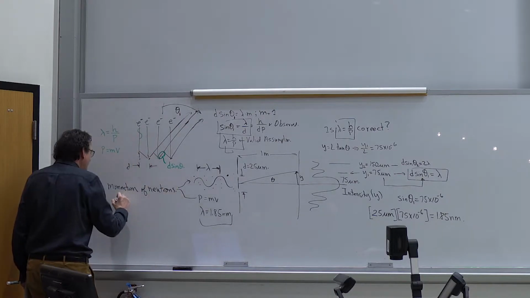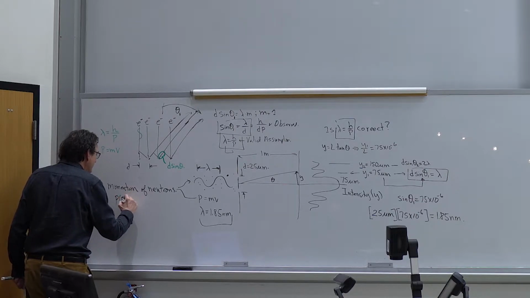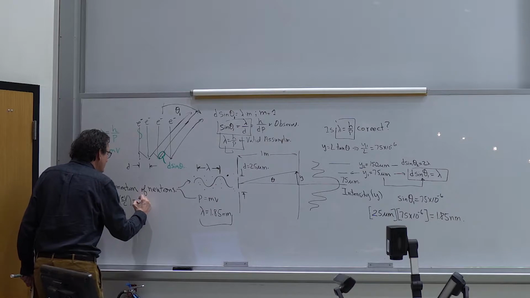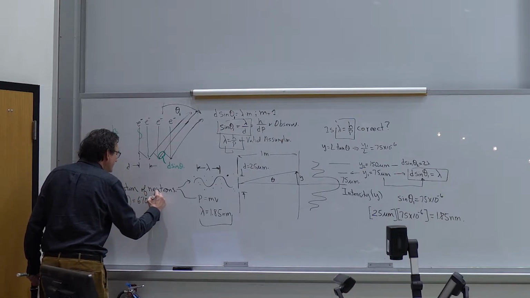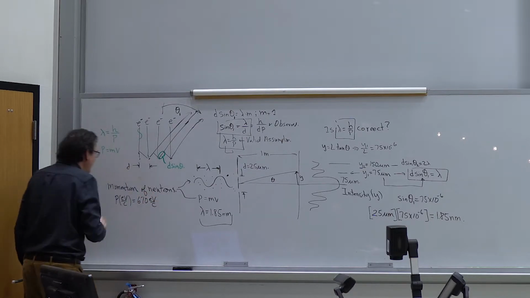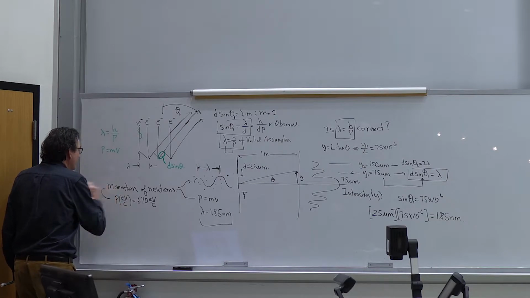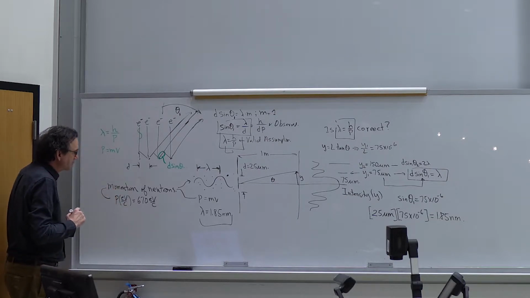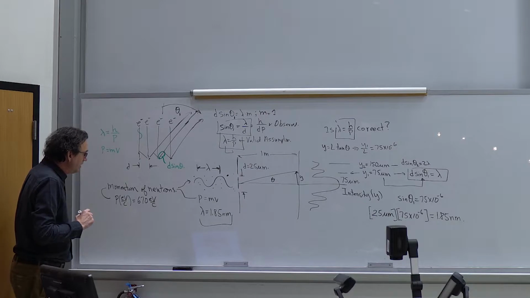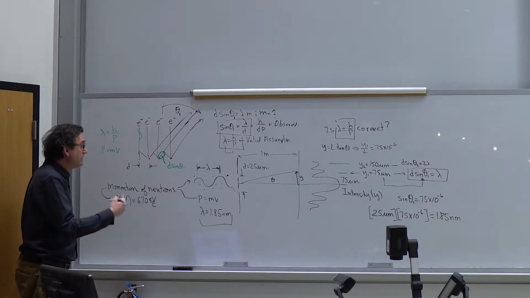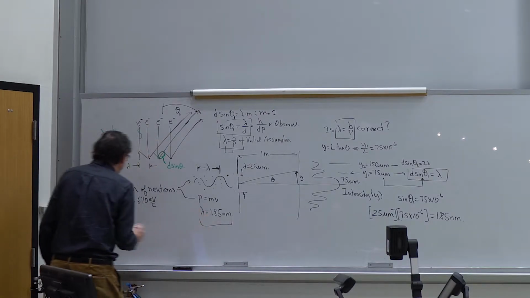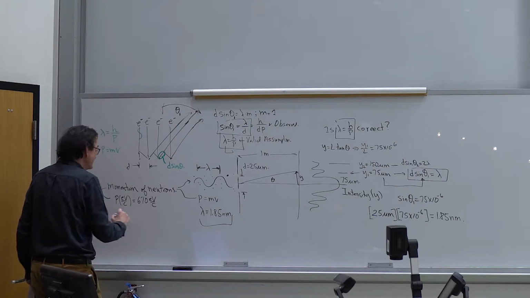In this particular case, the momentum P in units of eV over c is equal to 670 eV over c. Okay, that's the momentum of the neutrons that are impinging on the slit. From that, I can calculate this value of lambda, and we'll show you how in just a second here.